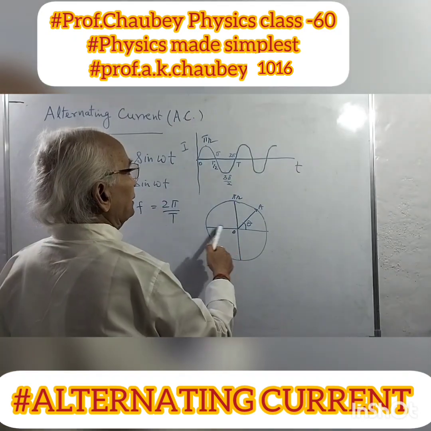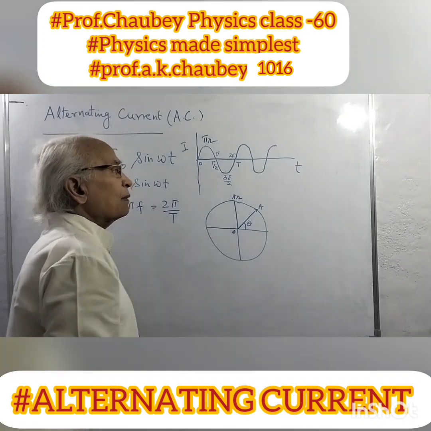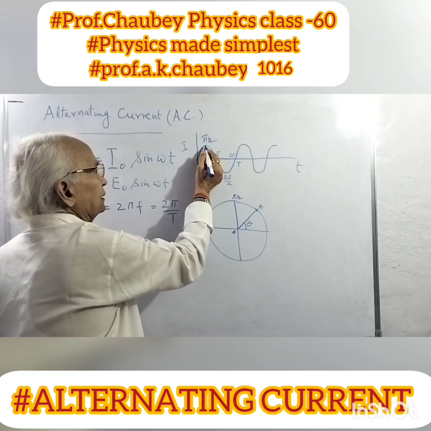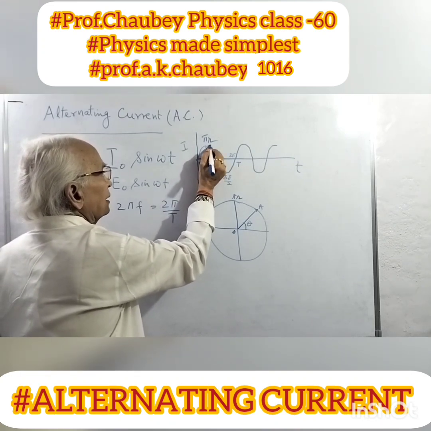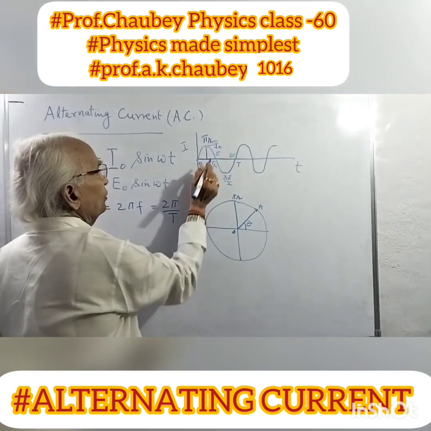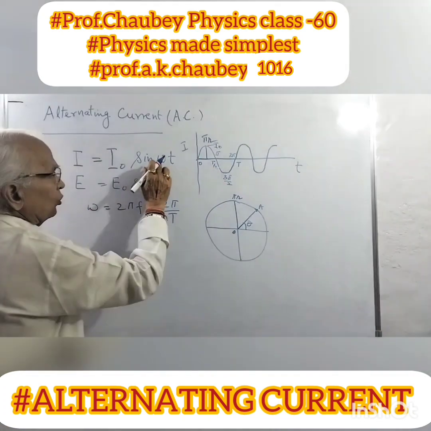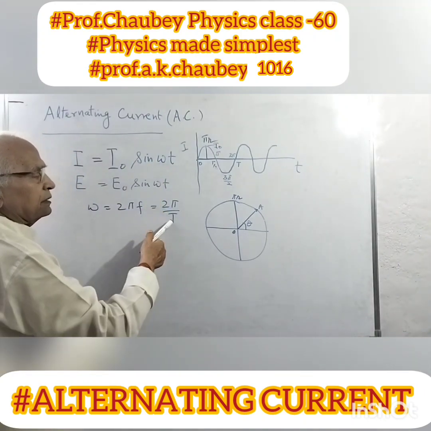This is the positive half cycle, and there is a negative half cycle. So the current is represented by I is equal to I naught, which is the maximum current here. I naught is the amplitude, omega is the angular frequency, f is the linear frequency, and T is the time period.